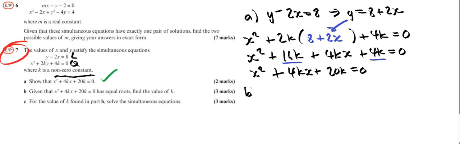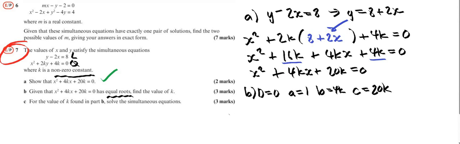Now part B. Given that that quadratic is 0 and has equal roots, find the value of k. Right, so now we know if it has equal roots, the discriminant is 0. So now let's look at our quadratic. A is 1, B is 4k, and C is 20k.